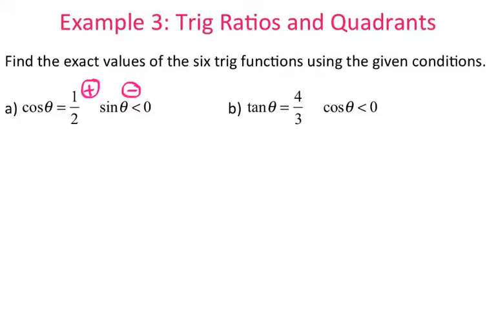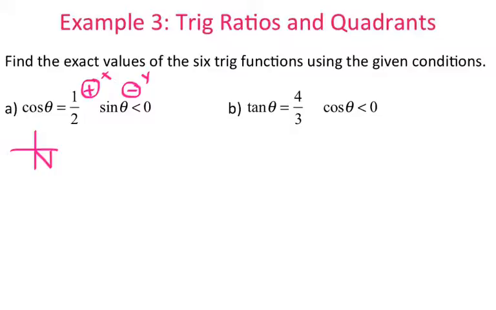So I'm going to draw a triangle in the quadrant that has a positive cosine with a negative sine. So that means I'm looking for a positive x with a negative y. So the quadrants that have positive x's are quadrants 1 and 4, but the one that has a negative y is quadrant 4.